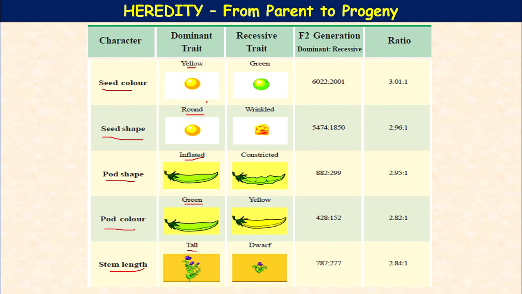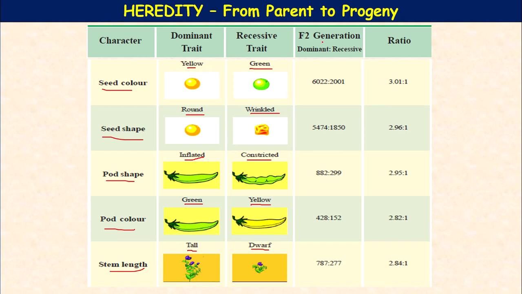These are all dominant. In the second column, recessive traits: the seed color if it is green is recessive, the seed shape wrinkled, the pod shape constricted, the pod color yellow if it is recessive, and the stem length if it is dwarf is recessive.